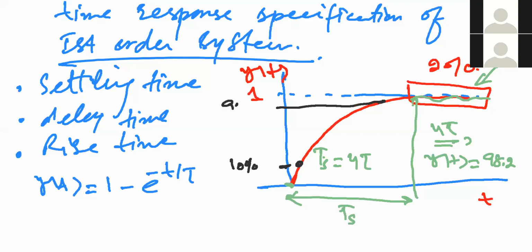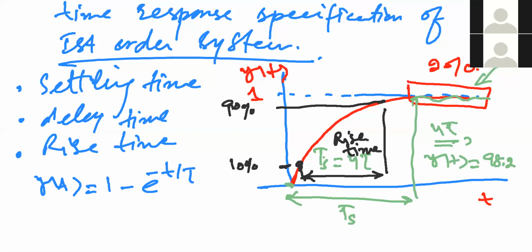So this is 90% of the final value. When the response is increasing from 10% to 90% of the final value, this time is called the rise time.